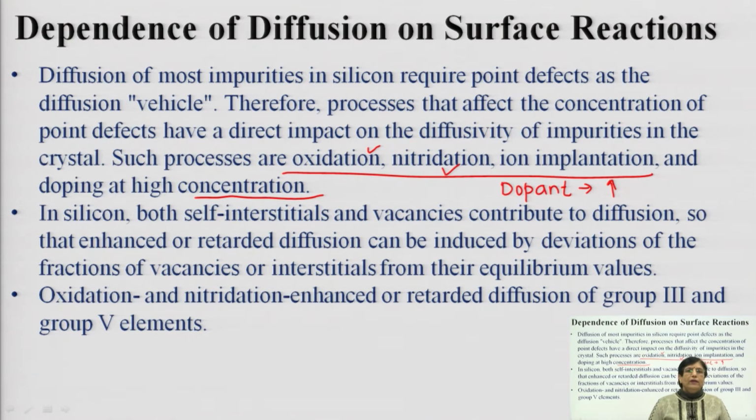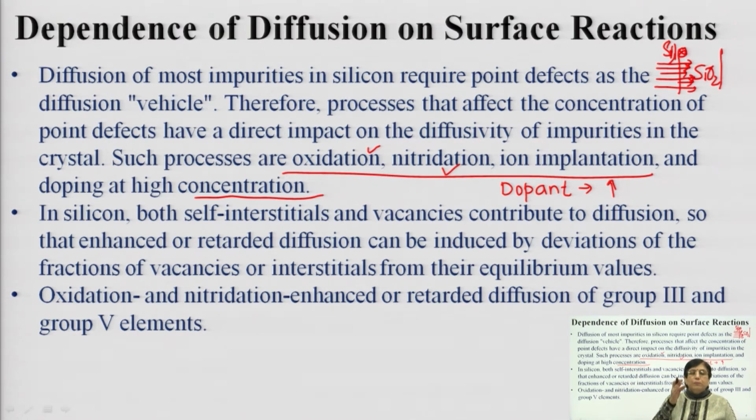Therefore, when you enhance the oxidation, there is extra creation of these point defects, because oxidation happens by penetration of oxygen. As you know already, whenever oxidation happens, the oxide layer grows beneath the silicon interface first. That means the movement of oxygen species goes further inside, forming the SiO2 layer, and the Si-Si interface goes further inside.